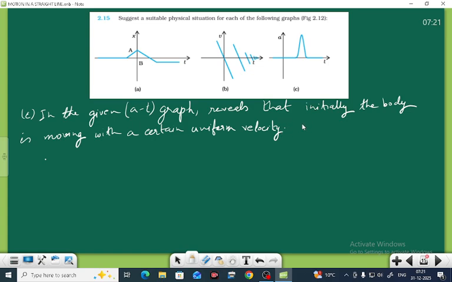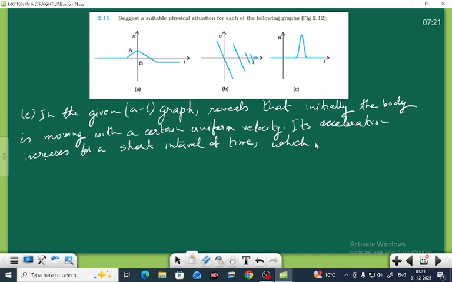Its acceleration increases for a short interval of time, which again drops to zero.